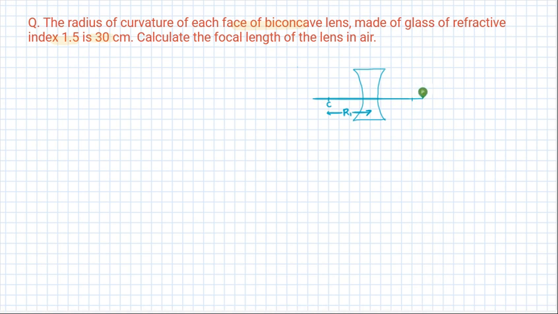Let this be your second center of curvature, C2. In that case, this will be your second radius of curvature.